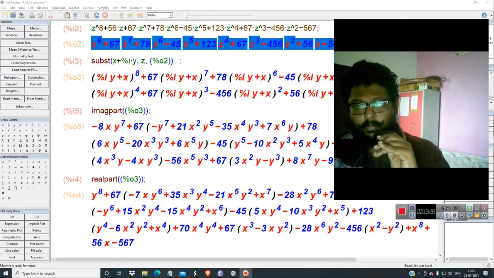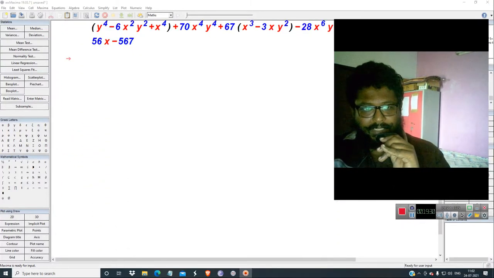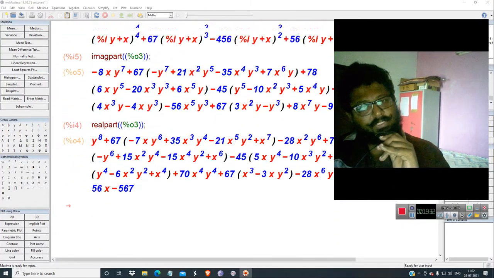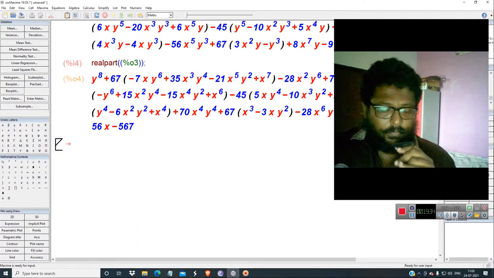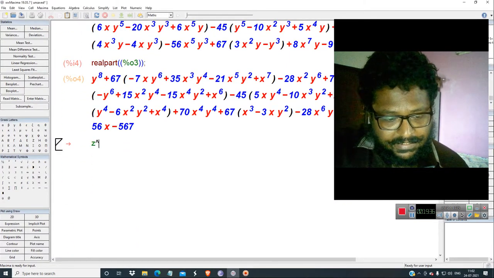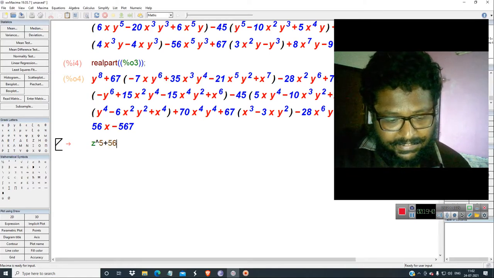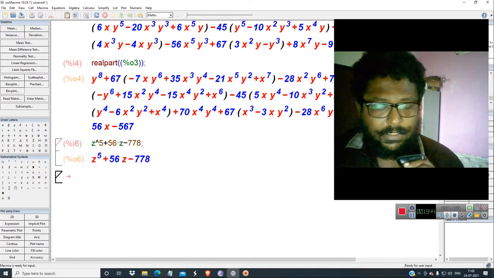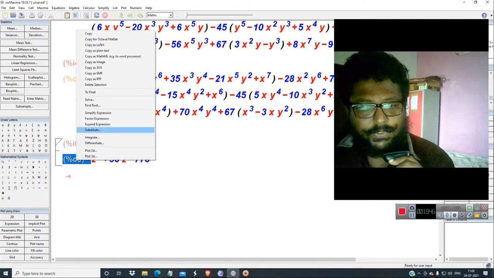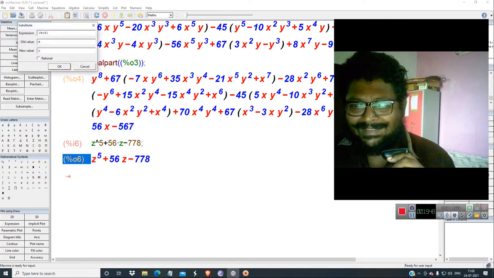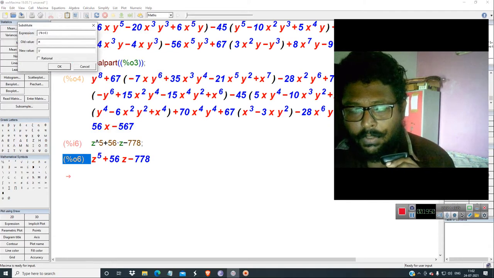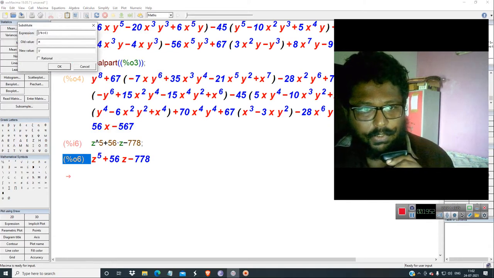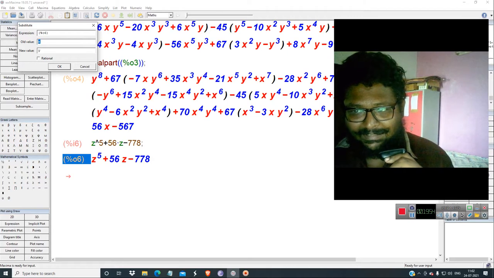Now you can plot any grid over here. Let me show you one sample. Not only this function, any function you can have. So for example, you have a function like this: z to the power 5 plus 56 times z minus 778. I'm going to insert an equation of a circle into that, so I am plotting a cyclic grid.